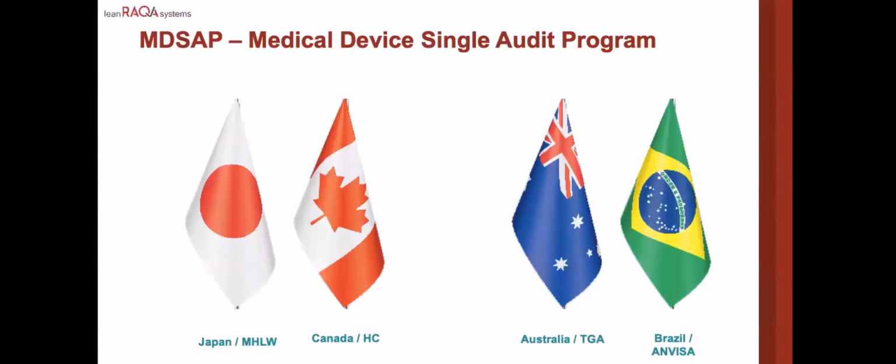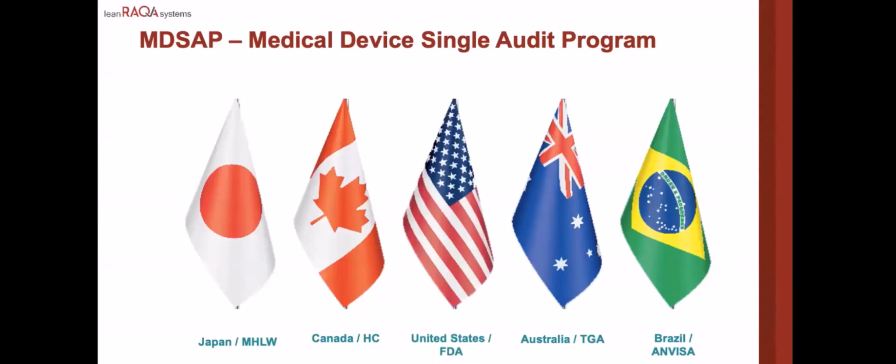So the Medical Device Single Audit Program is currently Japan, Canada, Australia, Brazil, and the United States. You know, they were not going to let some of the world leading countries come to the forefront of global harmonization.